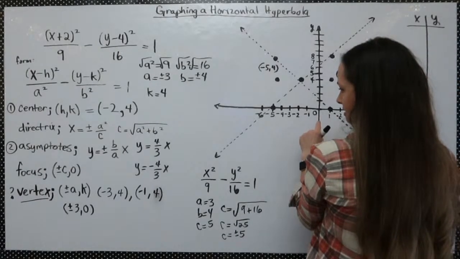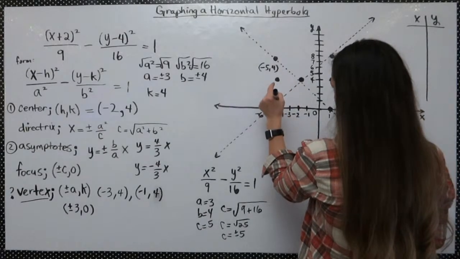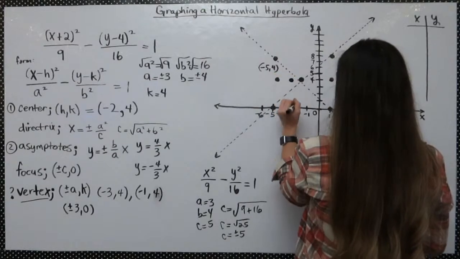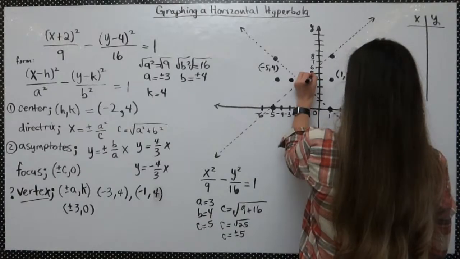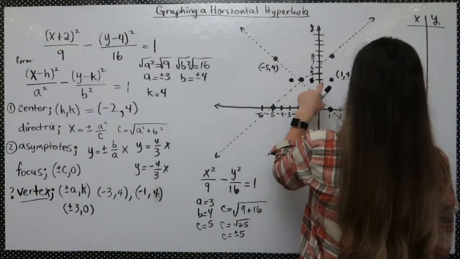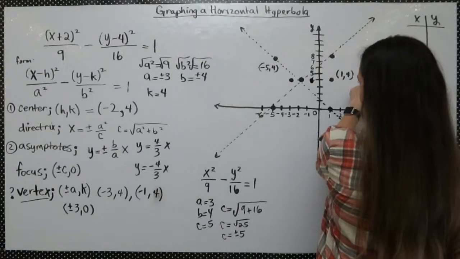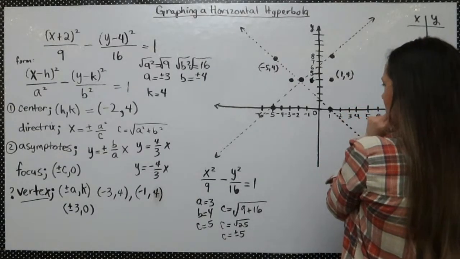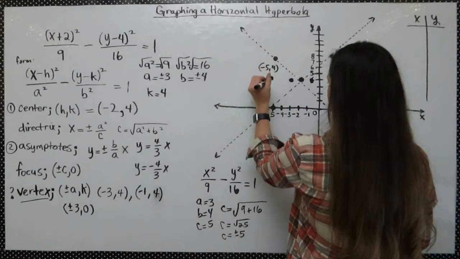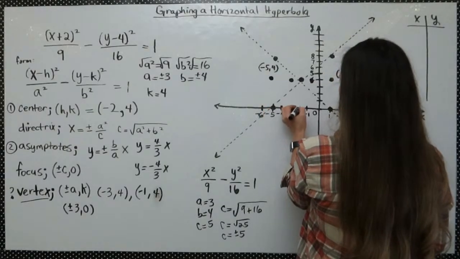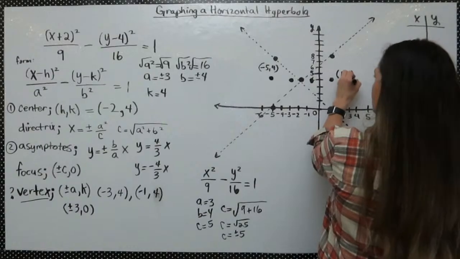Wait, it said -3 right here, and -1. -5 and +5. Okay, that's not gonna work either. So if this one is at -5, then this one would be at, that's going to be a +3.